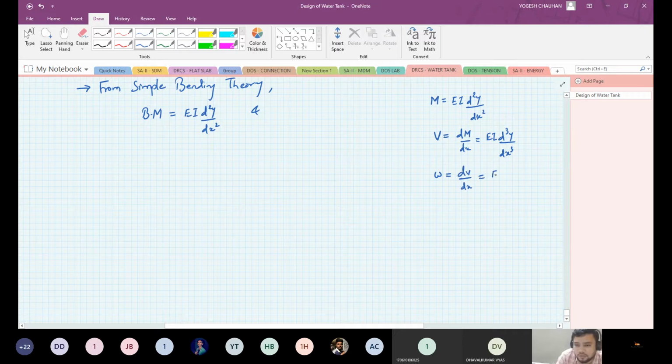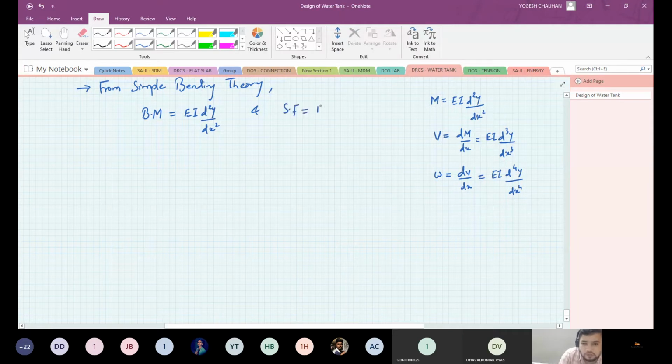So that will be EI d raised to the power 4 y divided by dx raised to the power 4. Here the first derivative, this is the bending moment equation. Bending moment equals EI d square y by dx square.